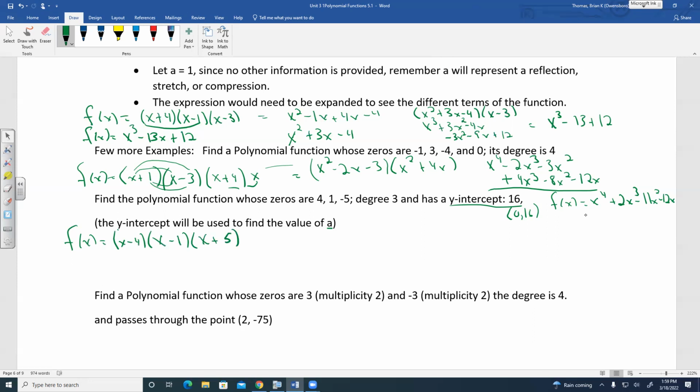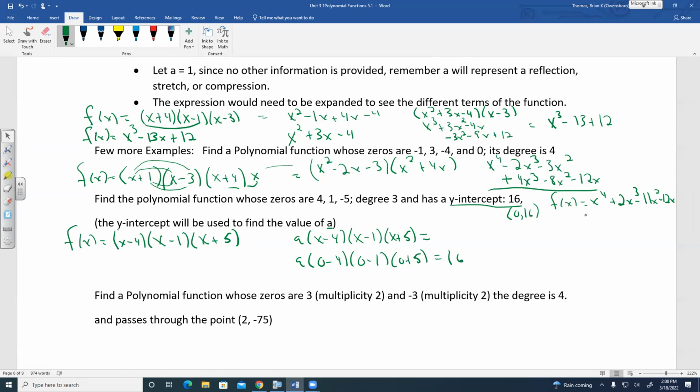Now, to find the a in this problem, I'm going to have a times x minus 4 times x minus 1 times x plus 5. So to find a, we have to replace x with 0, and the y is going to be 16. So what I have then is a times 0 minus 4, 0 minus 1, 0 plus 5. And that's going to equal 16.